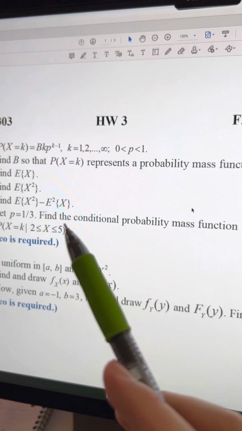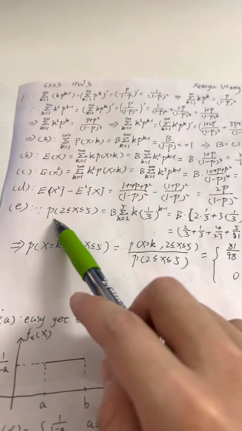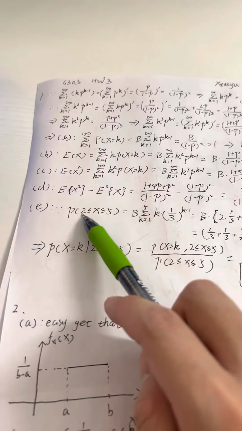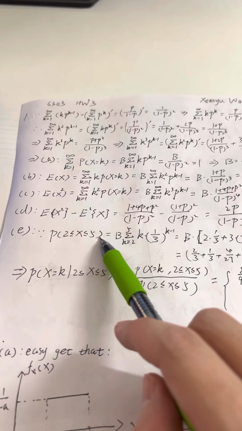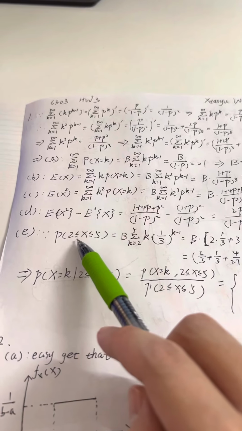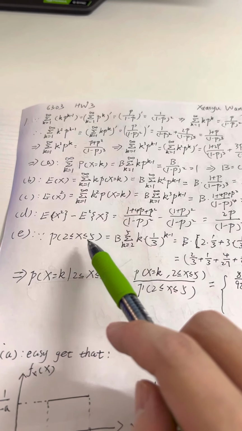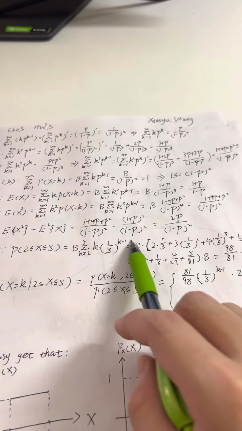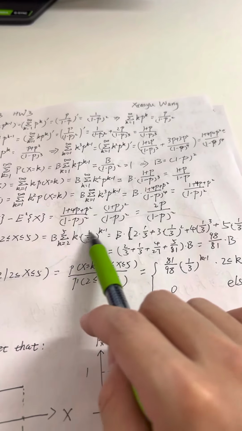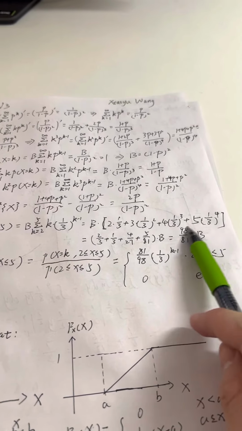It wants us to find the conditional probability mass function. First, we calculate the probability when x is greater than or equal to 2, but less than or equal to 5. It is easy. We simply sum this result and we get some result.